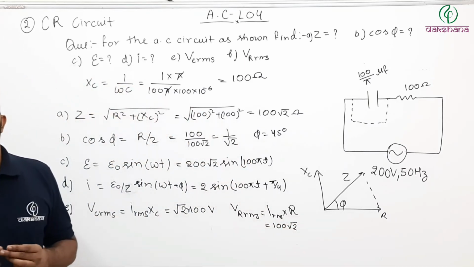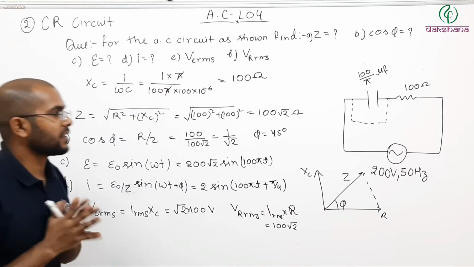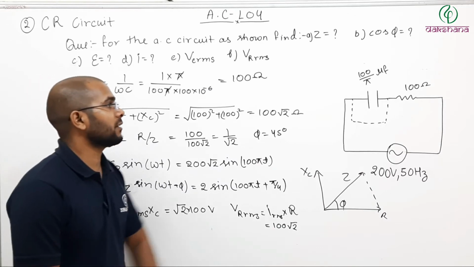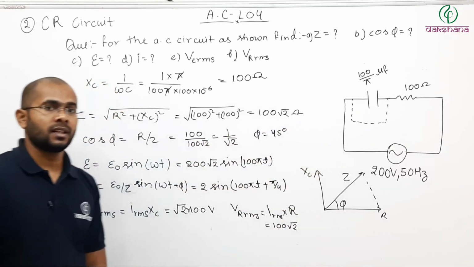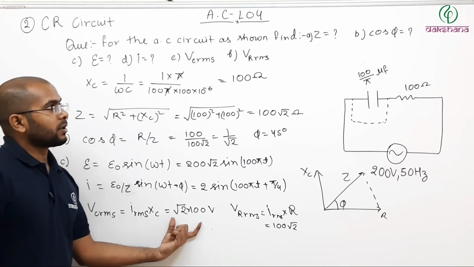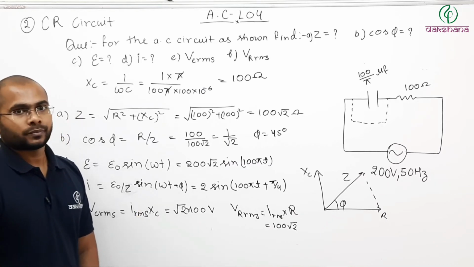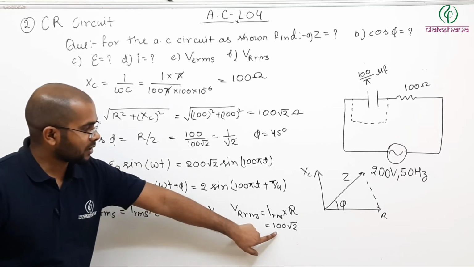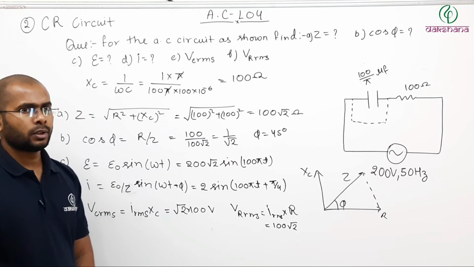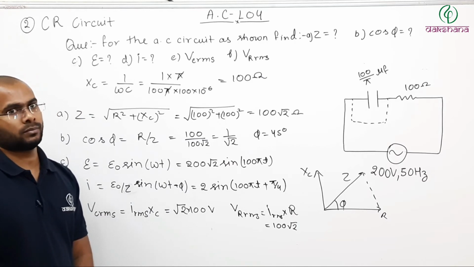Now here is the interesting part. In an AC circuit, whenever there is resistance and capacitance, if you pay attention, the RMS voltage across your capacitor is 100 root 2, and the RMS voltage across your resistance is 100 root 2. If you add them, you will get 200 root 2.